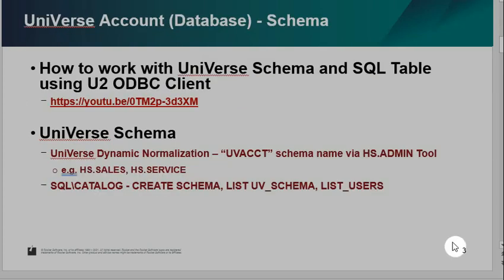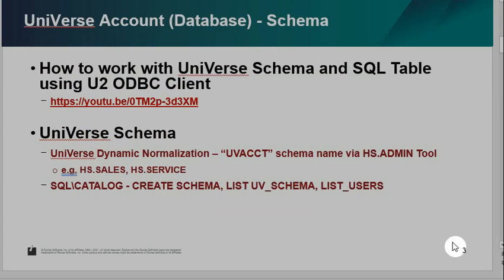On the database side, it's pretty simple. I already have some other YouTube videos, so you can look at more detail. It's also pretty simple for a regular UniVerse account. You just want to use a file as a table. You can run the hs.admin tool to activate it.